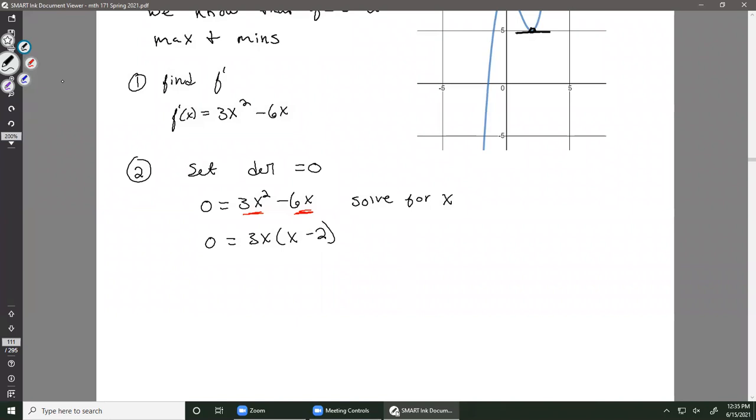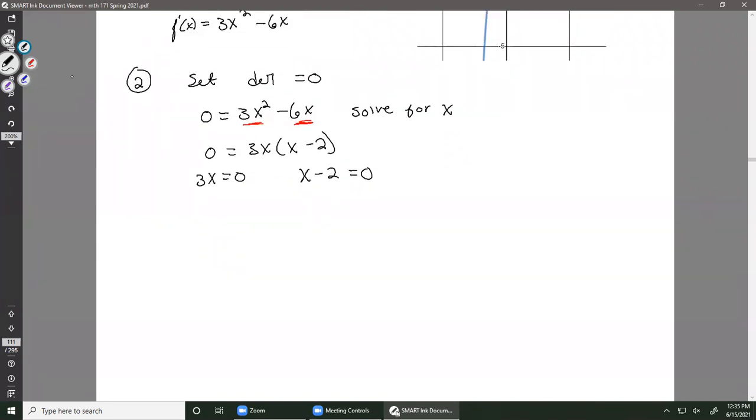We can separate these. And so I get 3x equals 0 and x minus 2 equals 0. So x equals 0 and x equals 2.